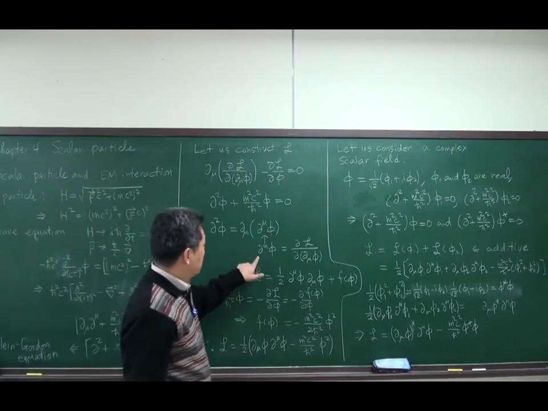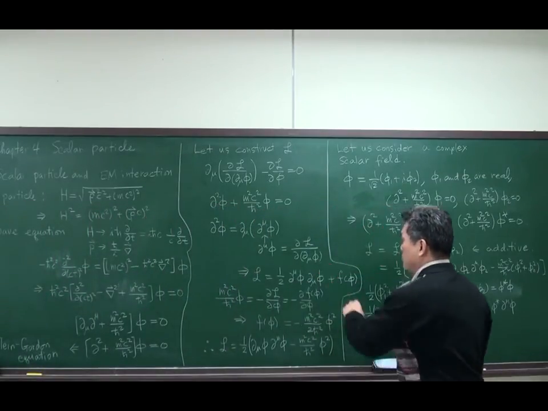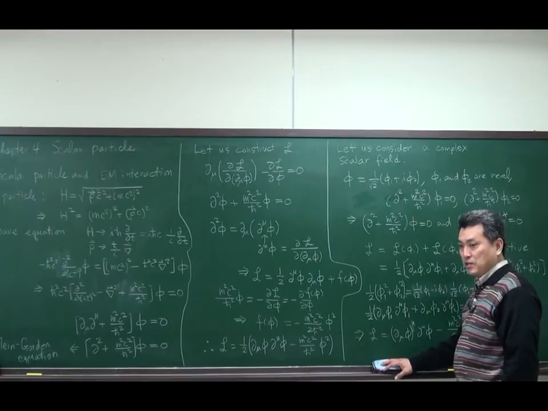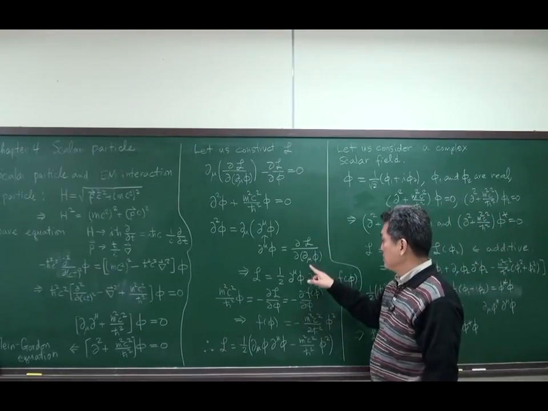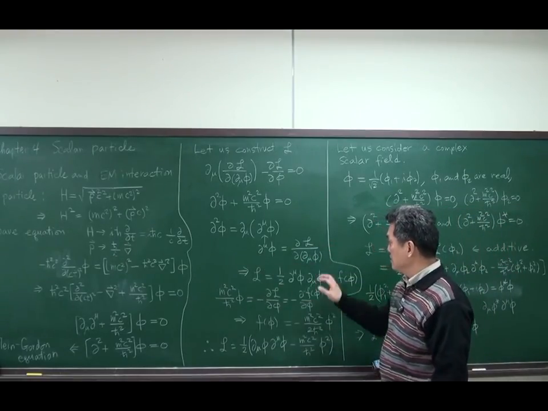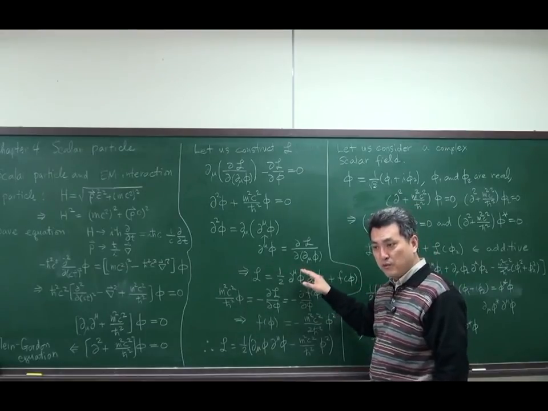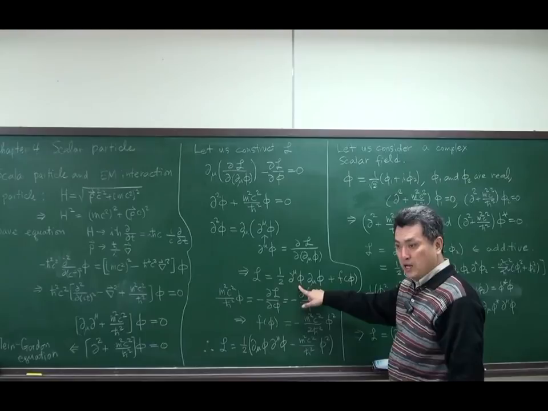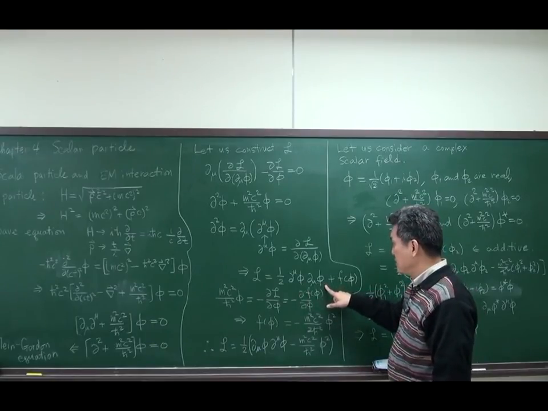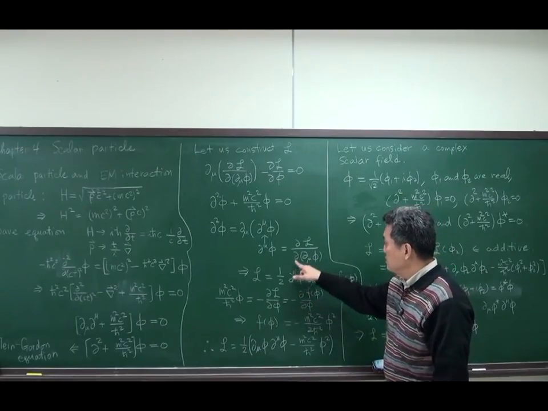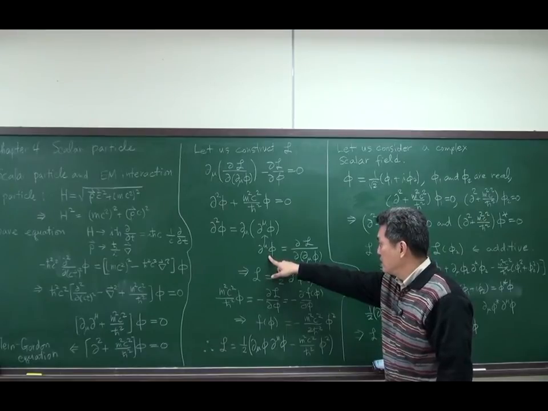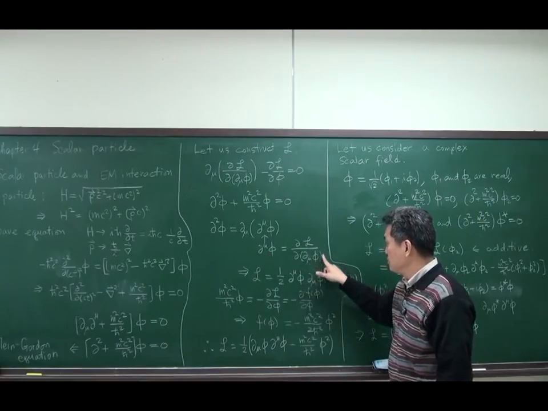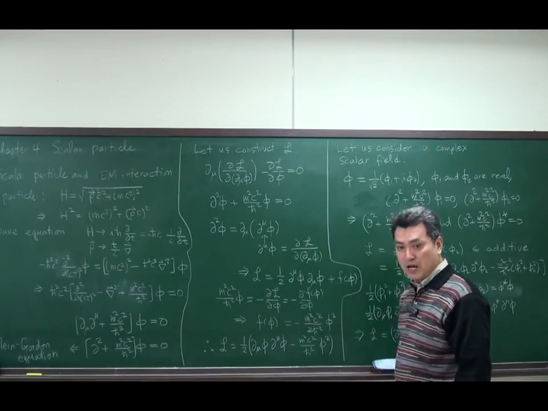So we solve this partial differential equation by multiplying this here, and it is a squared form. So I have 1/2 round mu phi round phi, and this integral is related to the partial derivative of phi.